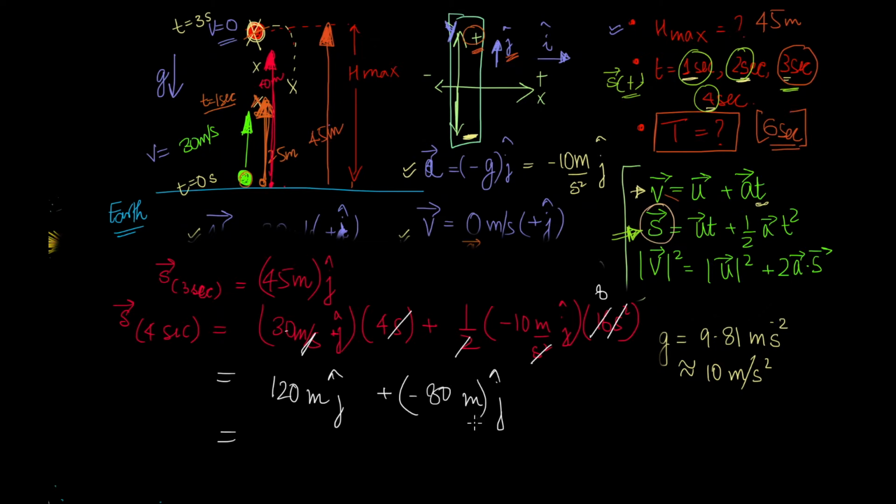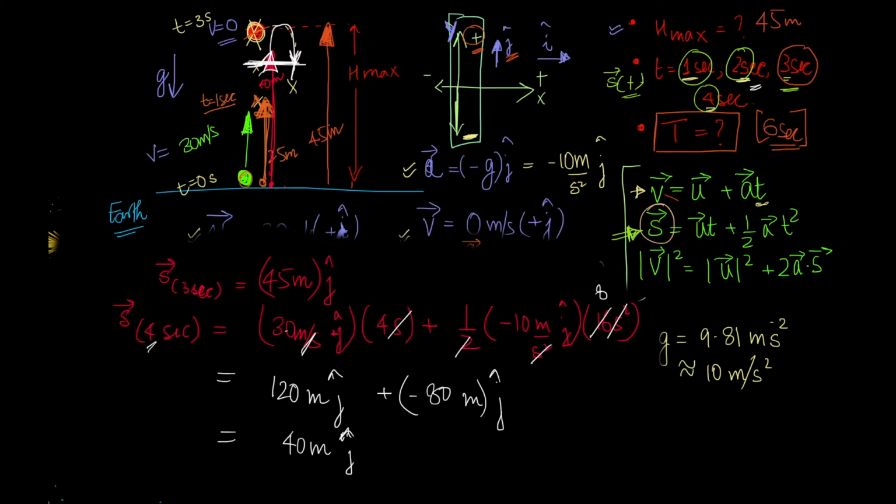Now, if you evaluate this, this is 120 minus 80, that is 40 meters again. So wait a second, this tells us that the ball is back at this height, the same height as this vector. Well, that actually makes sense, because since the ball was at 40 meters at 2 seconds, at 4 seconds, the ball went all the way to the top and started to fall down there again.